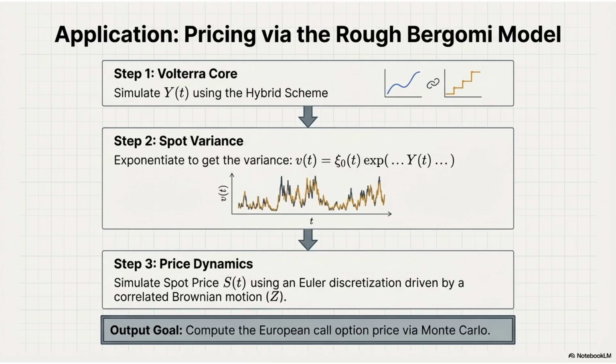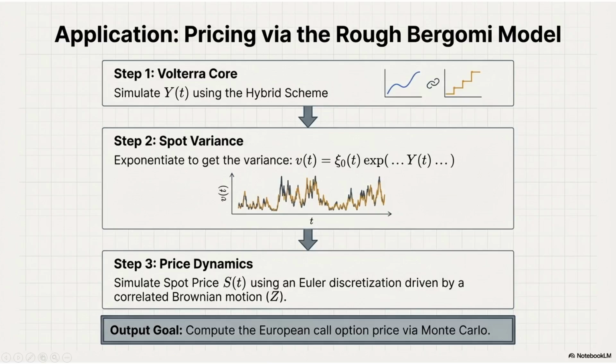Then we plug this into the exponential function to generate our spot variance, and we use the spot variance to derive the actual stock price S_T using the standard Euler discretization driven by the correlated Brownian motion. Our goal, which we reached, is that we can now easily compute, for example, a European call option using Monte Carlo simulation.